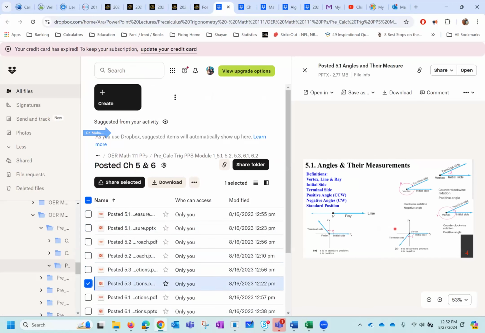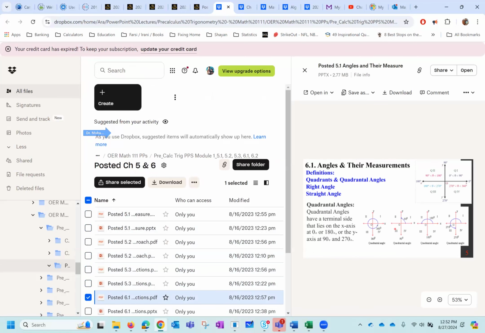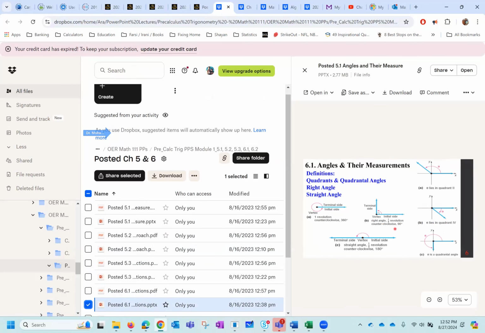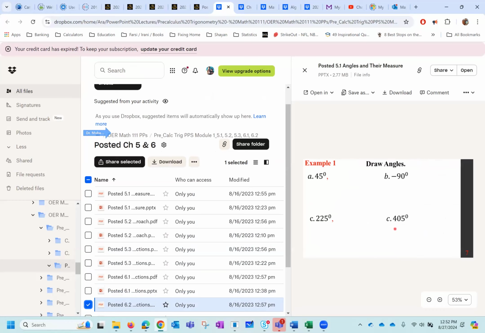So you don't have to write anything when I lecture. When it comes to definitions, proofs, theorems, what do you have to write? You have to write the solution to the examples. Even the examples themselves, you don't have to write.